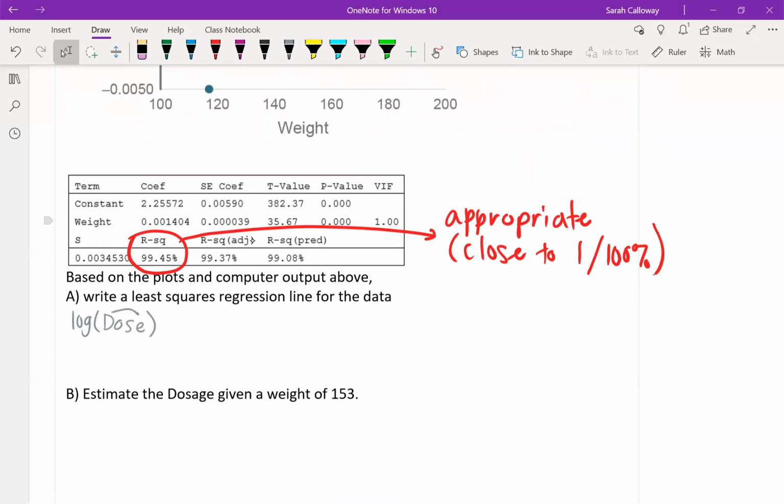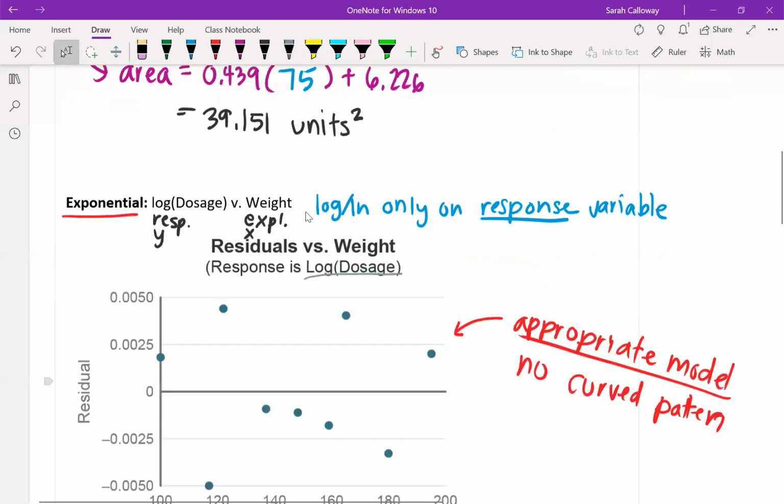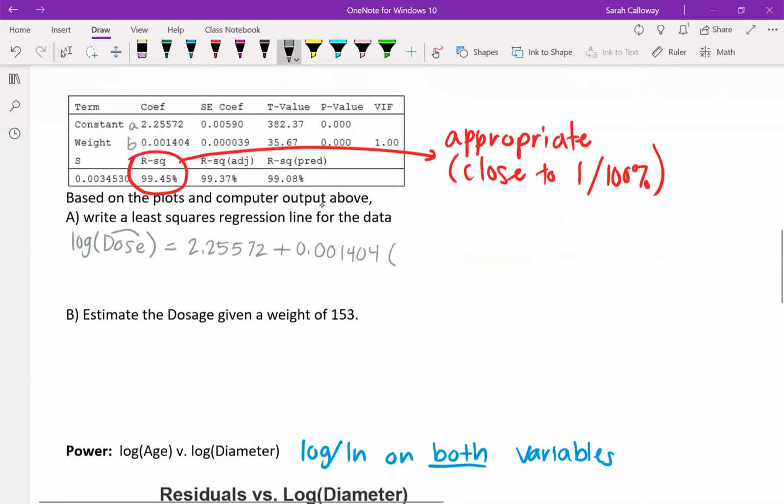So the log of the dose hat is equal to, remember this is your a and this is your b, so it's your y-intercept, 2.25572, plus 0.001404 times weight. That is the linear regression line.